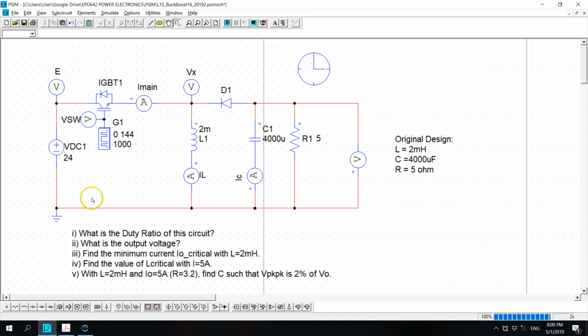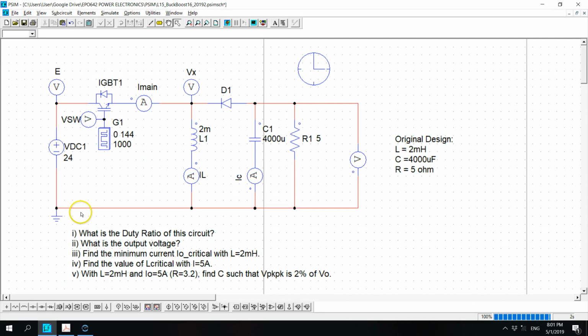Number 2 is what is the output voltage? Given this component design, what is the output voltage? Number 3 is find the minimum current, I naught critical, with L equals to 2 millihenry. So you need to determine the minimum critical current, so that we have a case of boundary condition.